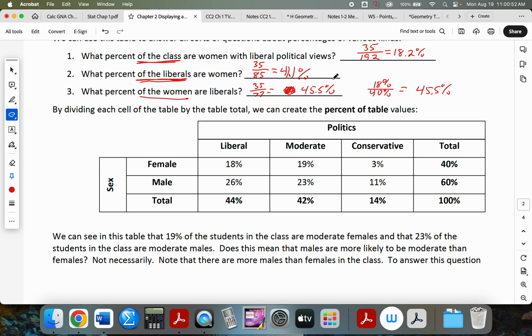It's probably not exactly 18%. So you lose some accuracy when you do it this way with 18% over 40%, because we've probably rounded to the nearest percent. So it's going to be close.